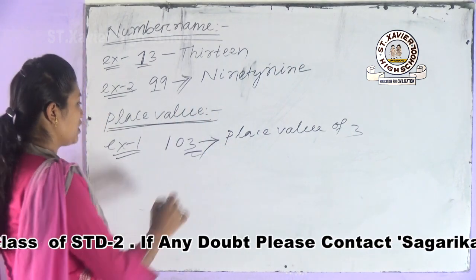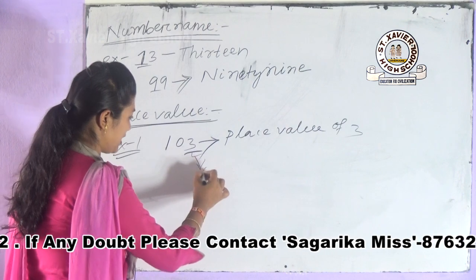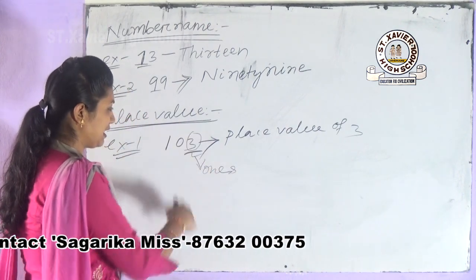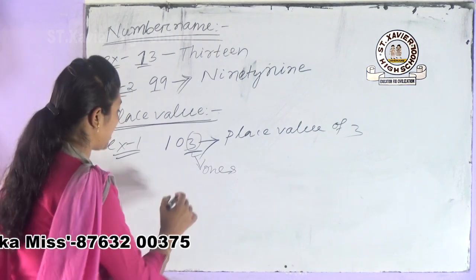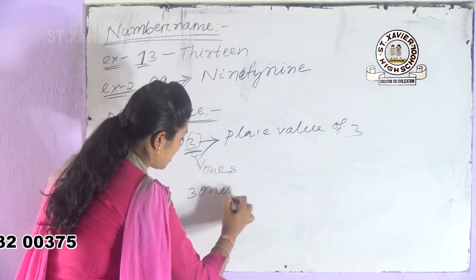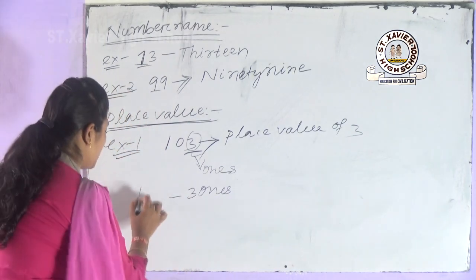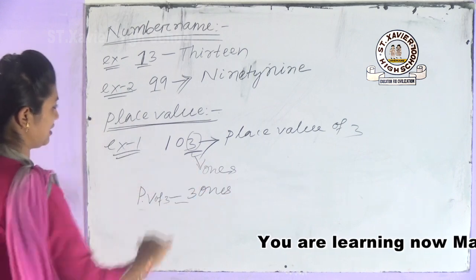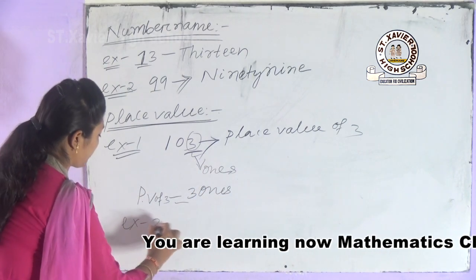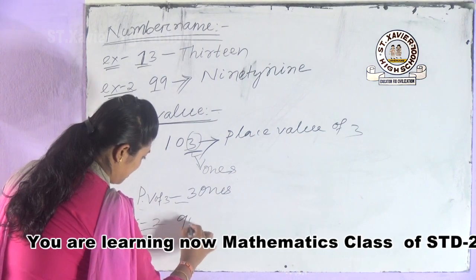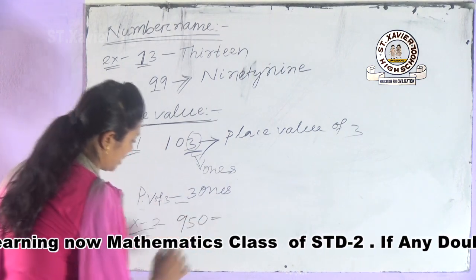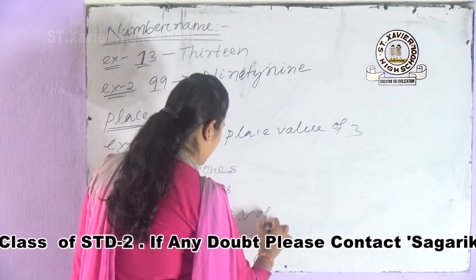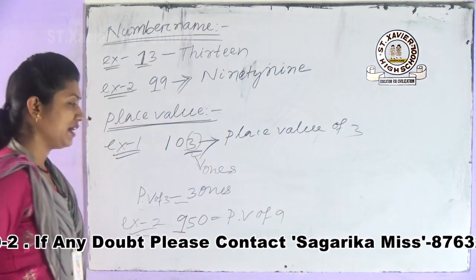So you know that this is unit place, ones place. Now 3 is in ones place. Then you have to write 3 ones. Place value of 3, PV of 3 is equal to 3 ones. Next example 2,950, and you have to write the PV of 9, that means place value of 9.